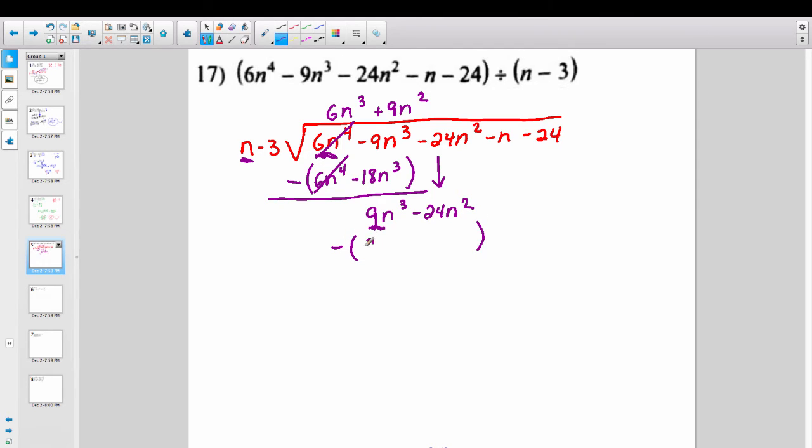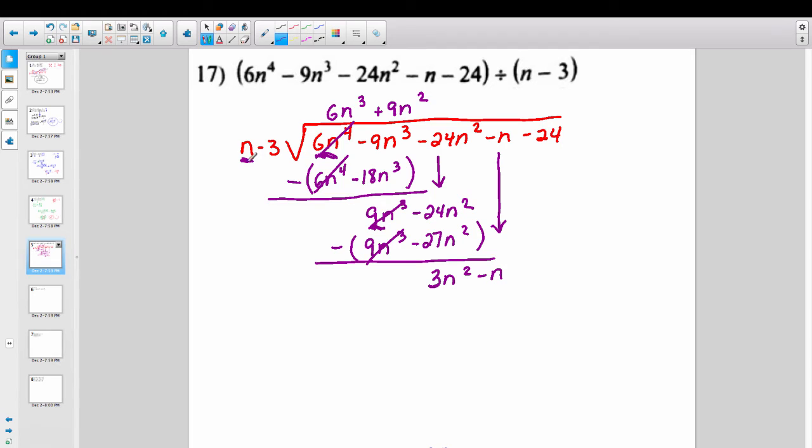So as expected, 9n cubed, and then 9n squared times negative 3 is negative 27n squared. N to the thirds disappear. Negative 24 subtract negative 27 is going to be positive 3n squared. Bring down the next term, and let's continue.